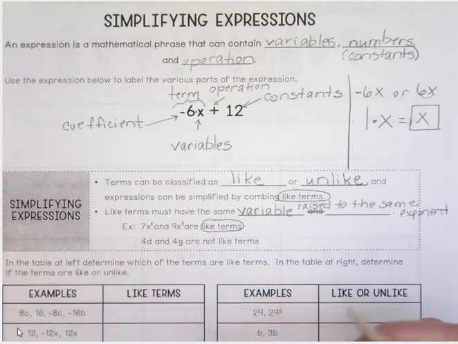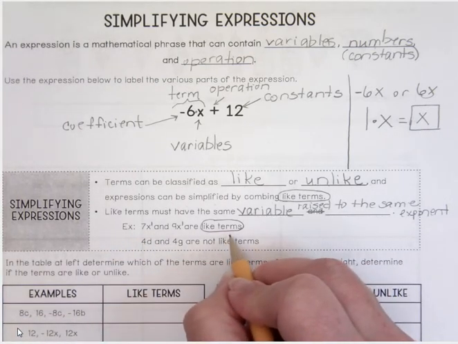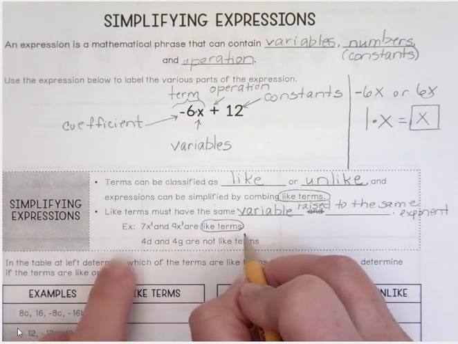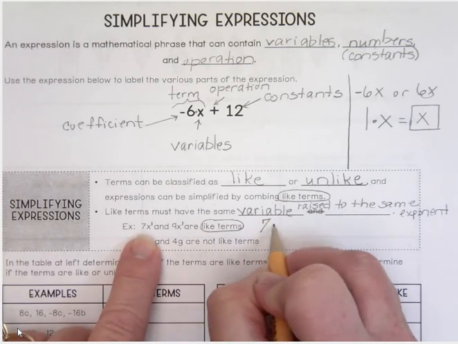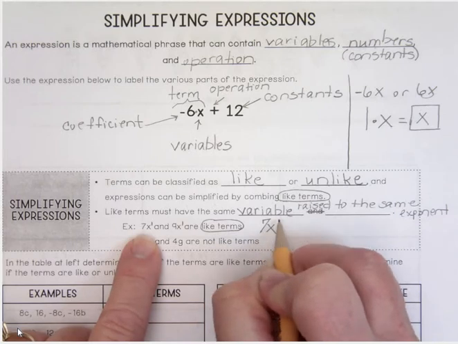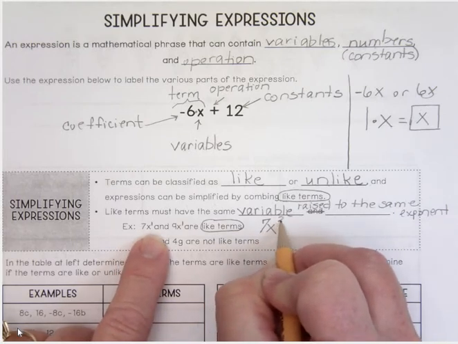So the coefficient doesn't determine like terms. The variable and the exponent does.